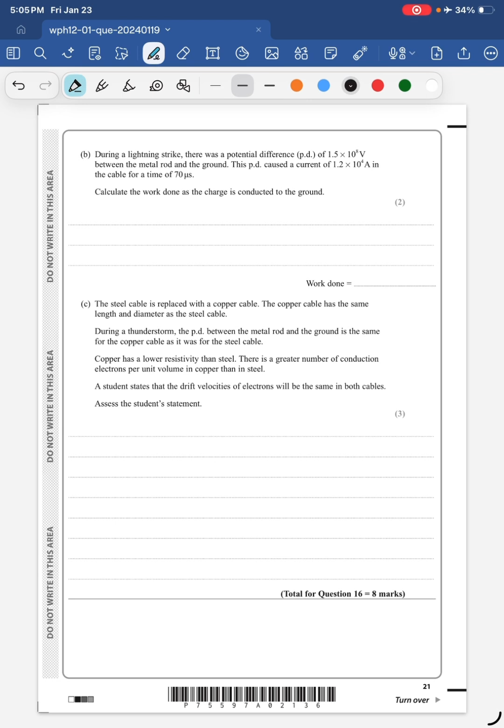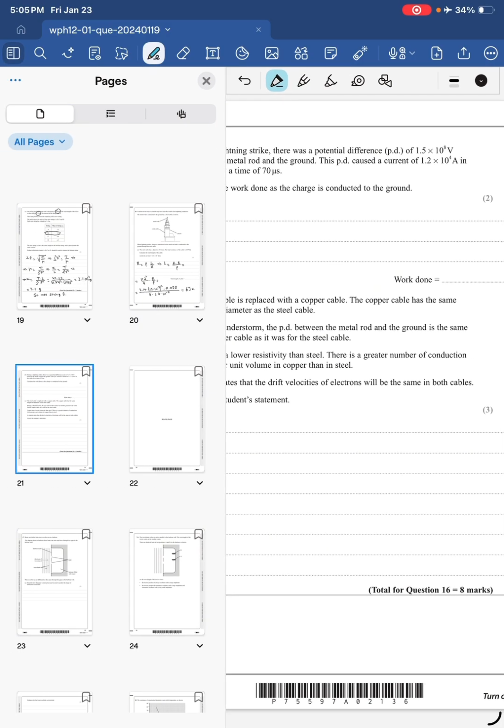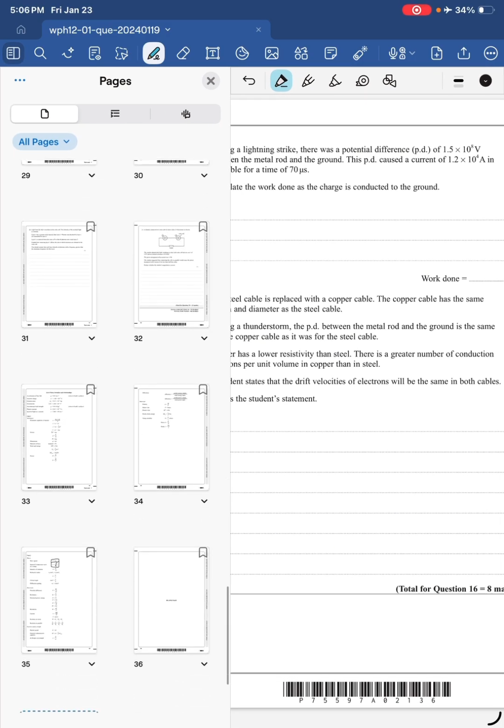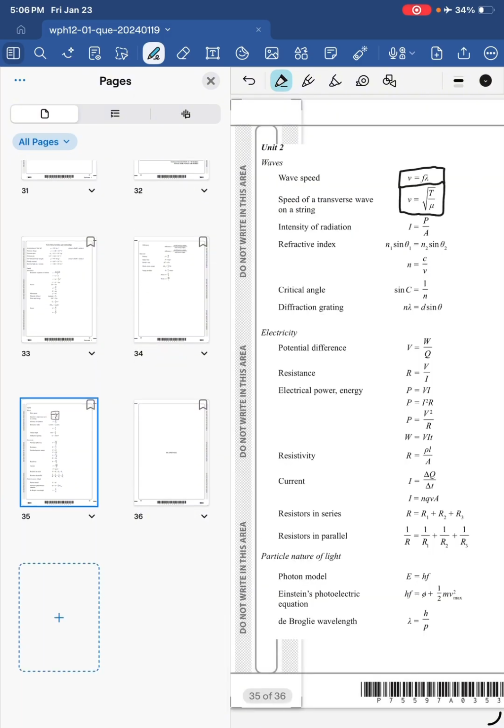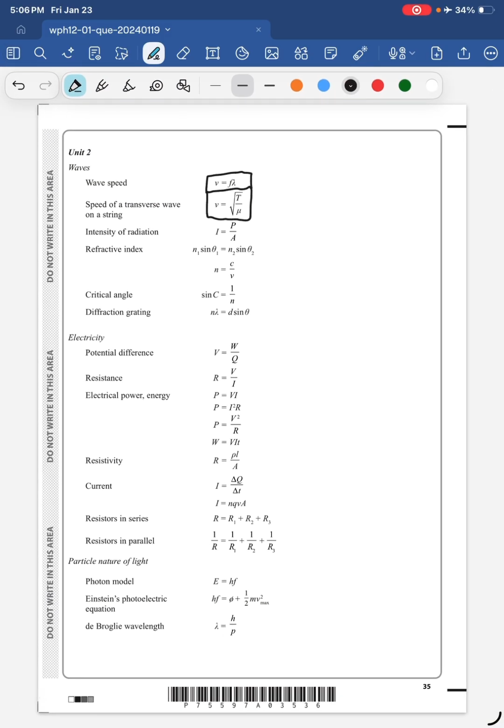Calculate the work done as the charge is conducted to the ground. Okay, so this is a little bit complicated, but not that complicated. So let me think. Actually, let me check the mark scheme to see what kind of formulas they give you, and then I will provide the answer that I have here in my notes.